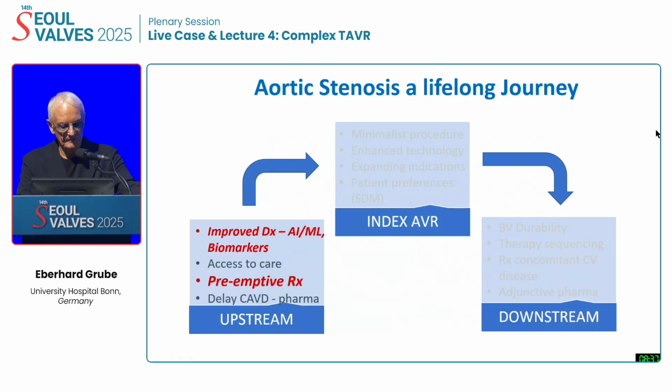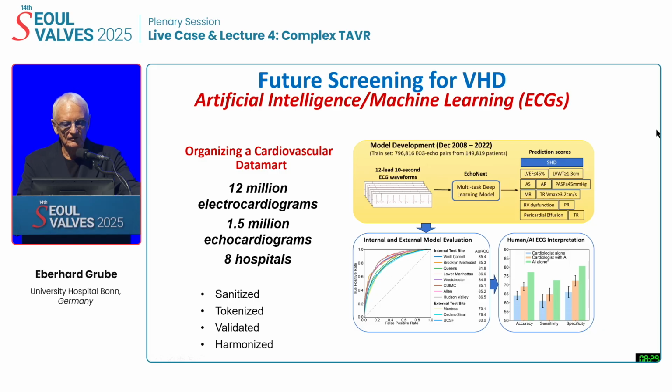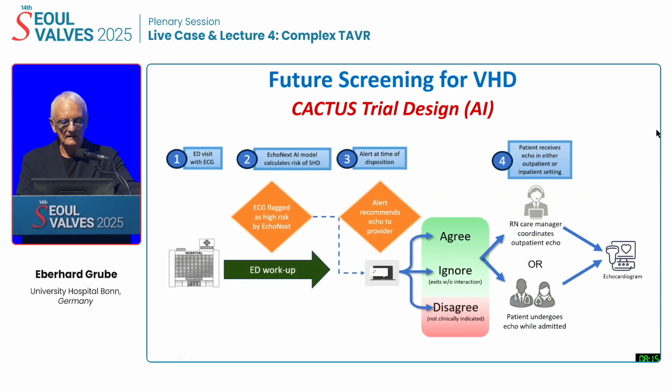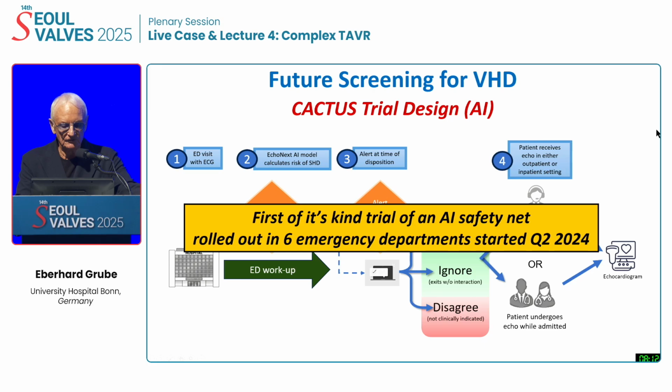If we look at the upstream aspects, improved diagnosis with AI and machine learning and biomarkers, and you can see here, artificial intelligence and machine learning will play an important role in future screening of valvular heart disease. 12 million electrocardiograms, 1.5 million echocardiograms, 8 hospitals led to the CACTUS trial, which is the first of its kind of an AI safety net rolling out in 6 emergency departments, started in the second quarter of 2024.